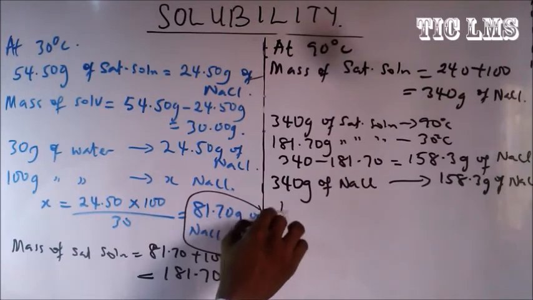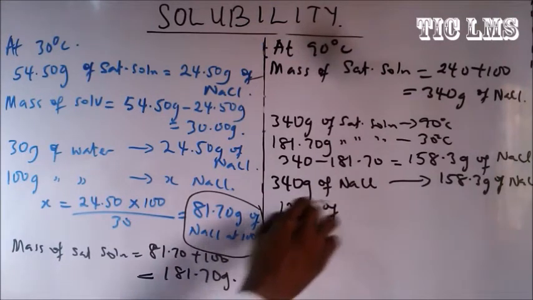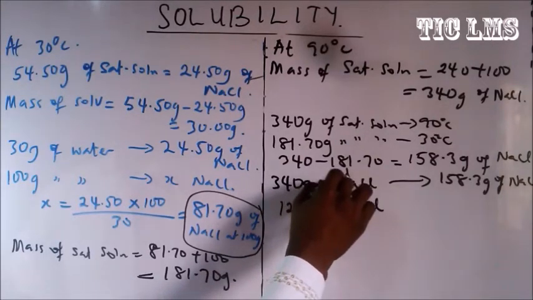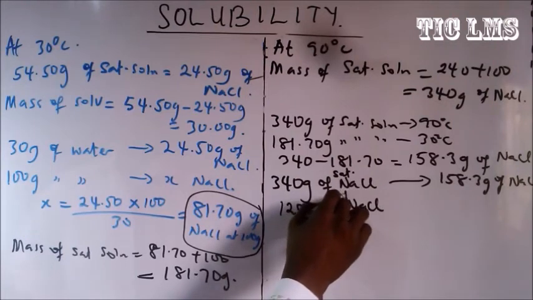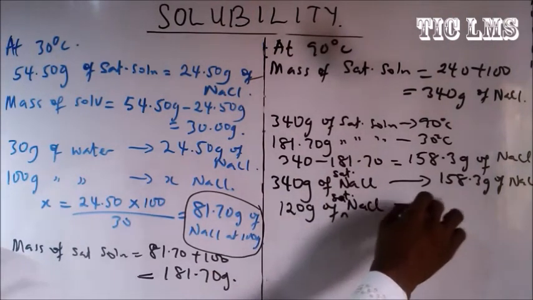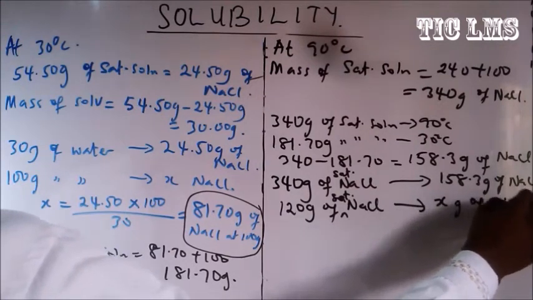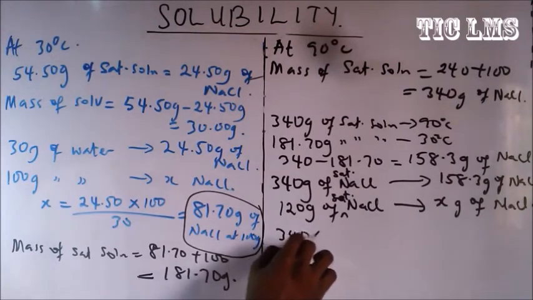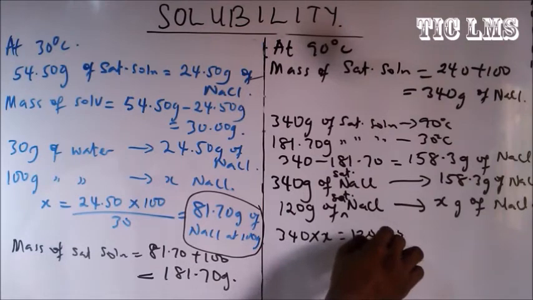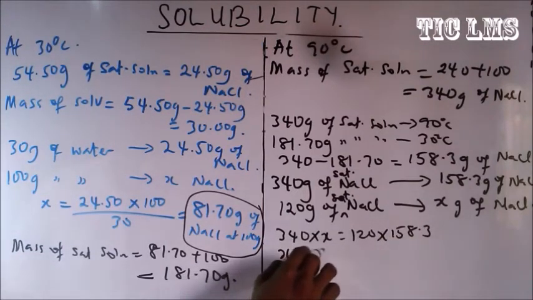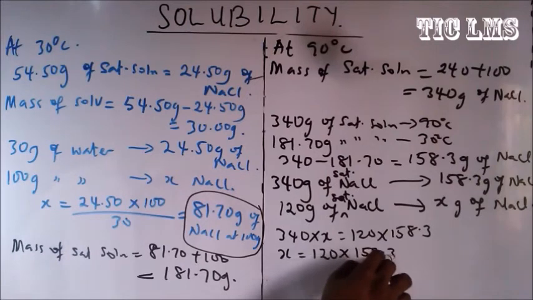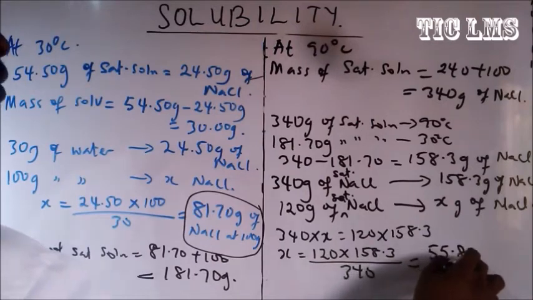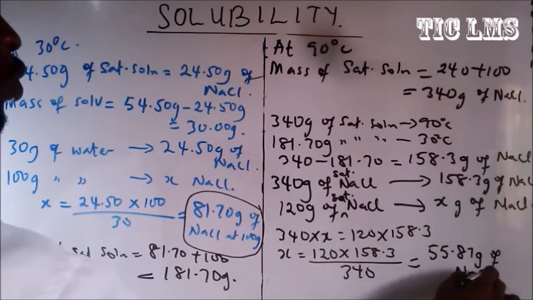Now if you have 120 gram of the saturated solution of sodium chloride, what is the mass of salt that will precipitate out when cooled from 90 to 30? And so we have 340 multiplied by x equal to 120 multiplied by 158.3. Hence, x equal to 120 times 158.3 divided by 340. And that will give 55.87 gram of sodium chloride.